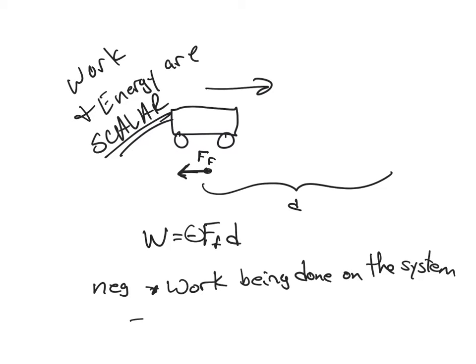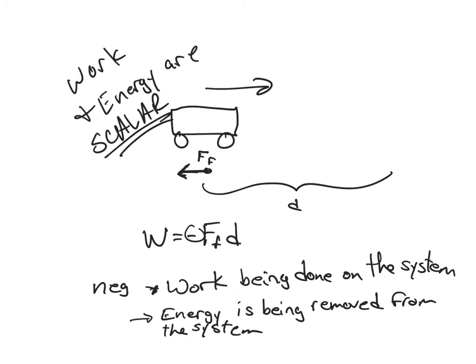Negative work is being done in the system, which means that energy is being removed from the system, which again in this case is our cart and spring, which is why our final kinetic energy is going to be less than our initial elastic by some amount of value. Because work is equal to the change in energy, the units are going to be the same, and those units for both work and energy are joules.